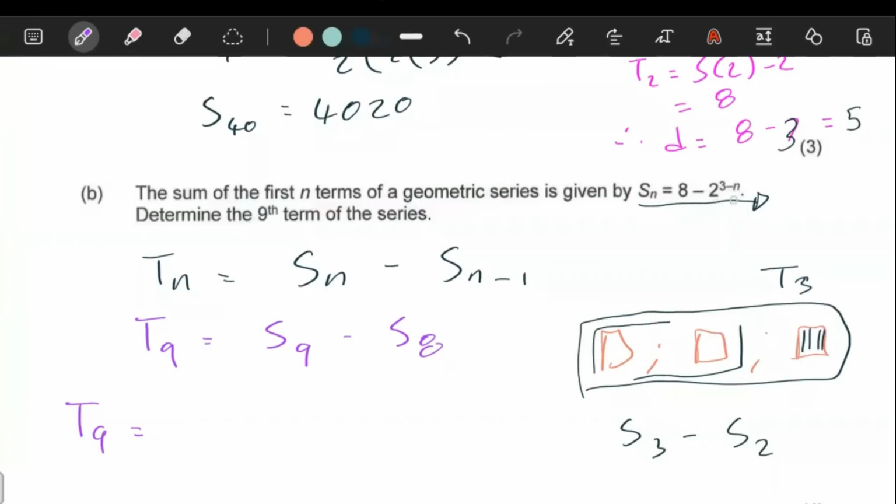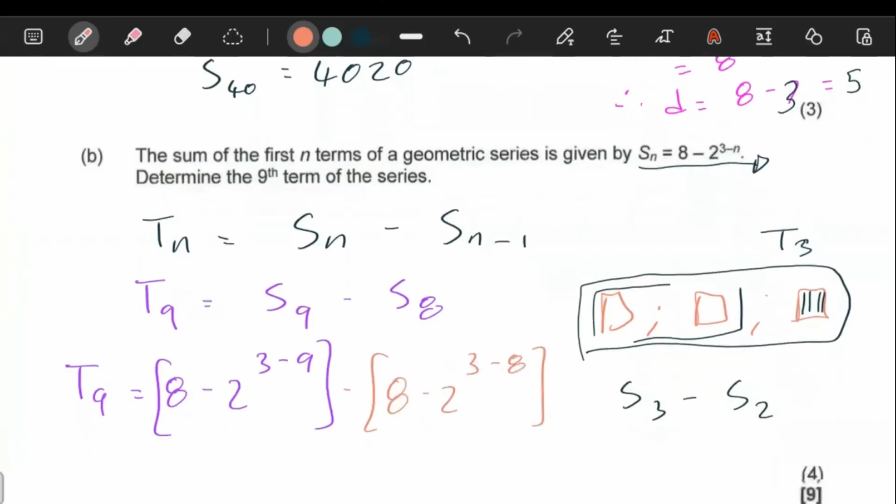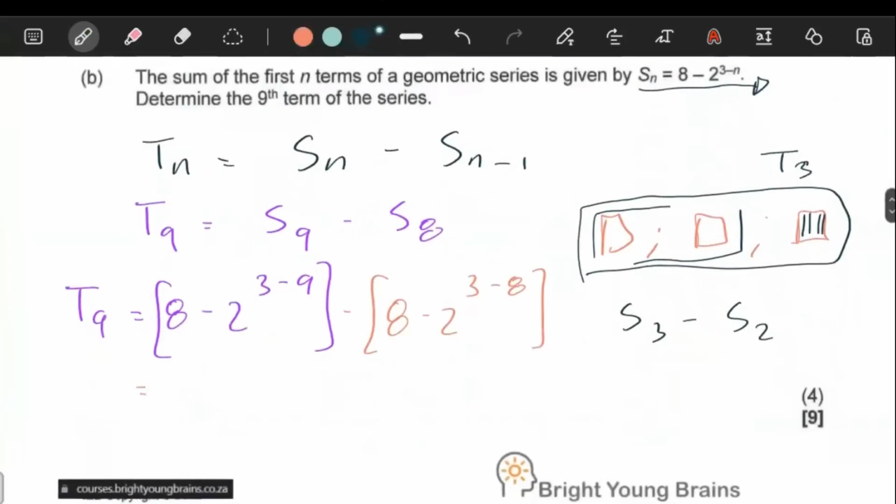S9 is us putting a 9 over there, like 8 minus 2 to the power of 3 minus 9. Then you have to subtract S8, so it's like 8 minus 2 to the power of 3 minus 8. And then this value minus that value.